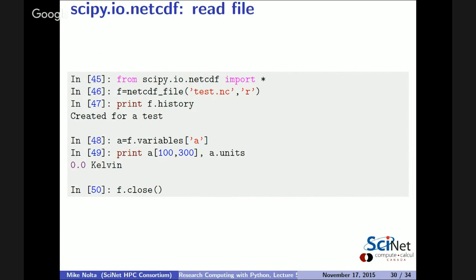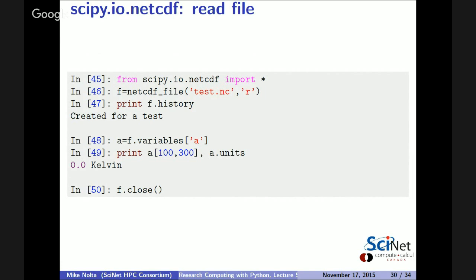And then I can access that as I would. Now this A is not a Numpy array. It's a NetCDF handle, but you can access it similar to how you would a Numpy array. And then, like global attributes, to get a variable attribute, it's just A.units.